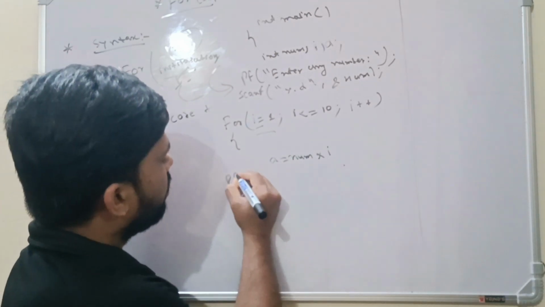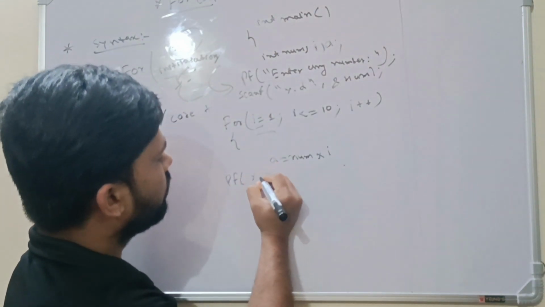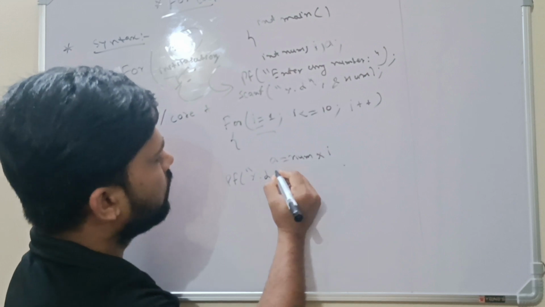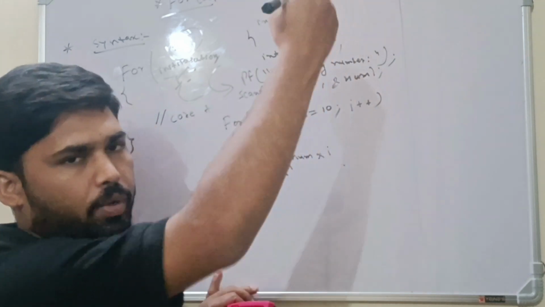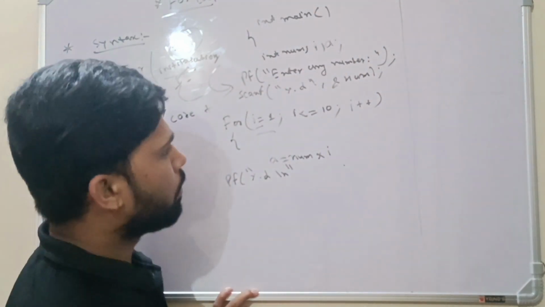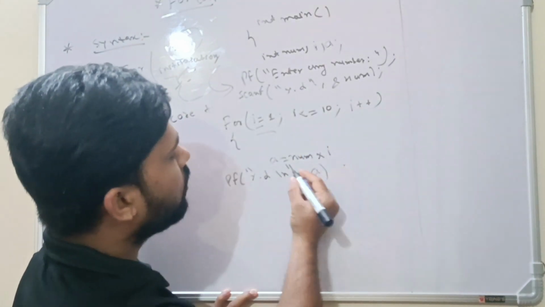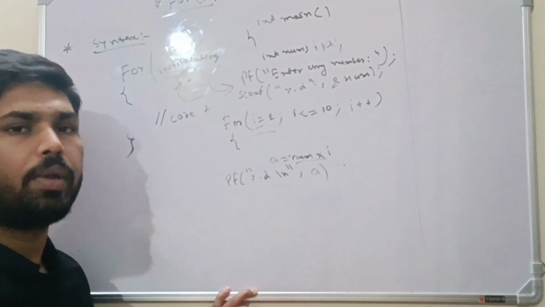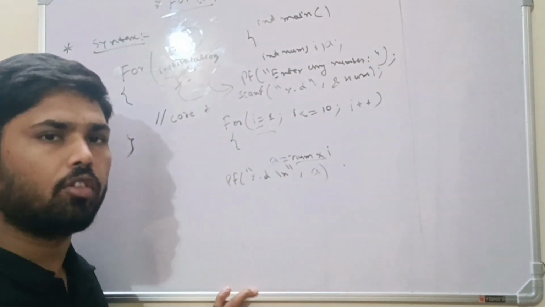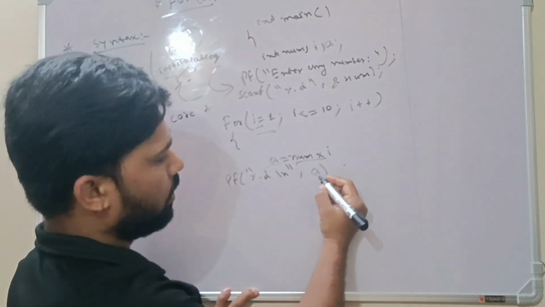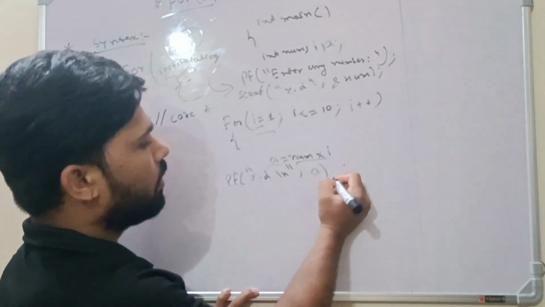Now print, with a slash n because I want to print on the next line. So again print a, because the operation is happening and it's stored only in the variable a. That's why we are printing it here.